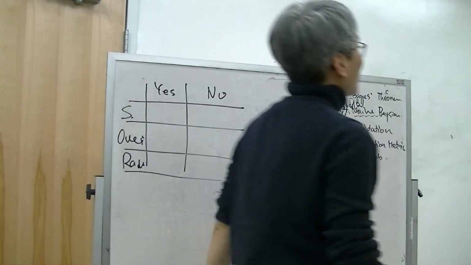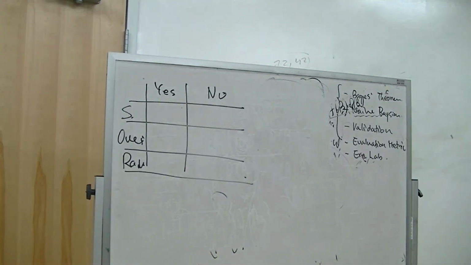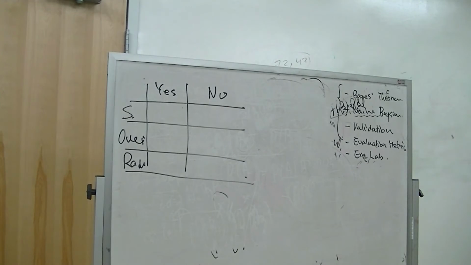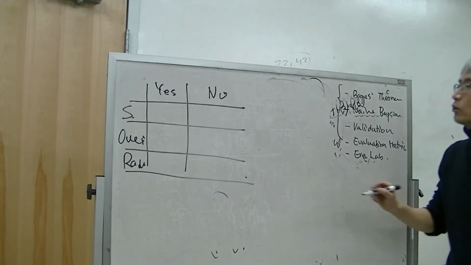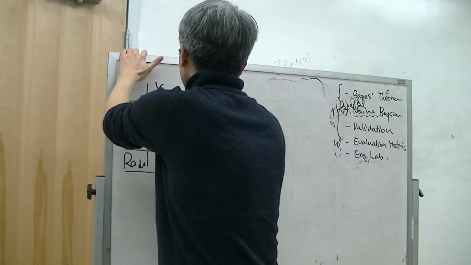So what is the probability of sunny given yes? Among the red ones, how many are there? 1, 2, 3, 4, 5, 6, 7, 8, 9. Among the 9 yes cases, how many times is it sunny? 2, so 2 over 9.